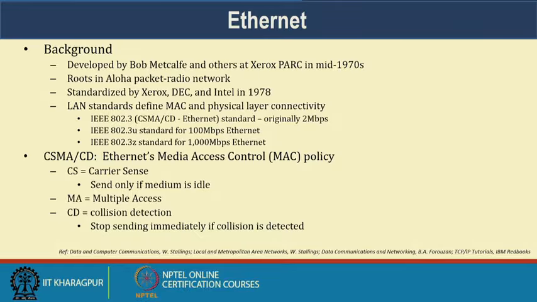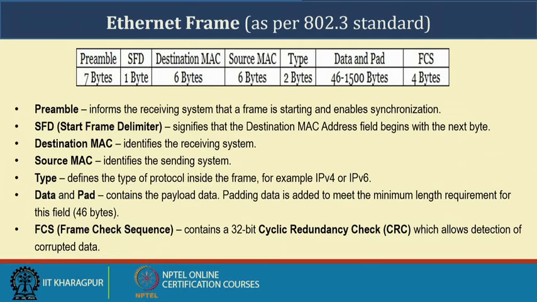Just to give the Ethernet frame, we also discussed it last lecture, but there may be a little ambiguity, so to clear it off: the Ethernet frame as per the 802.3 standard constitutes a preamble.